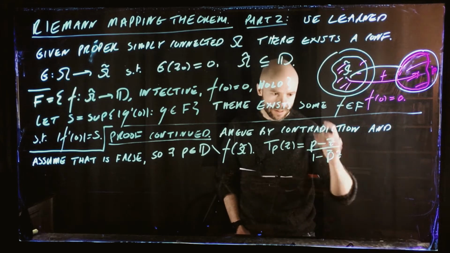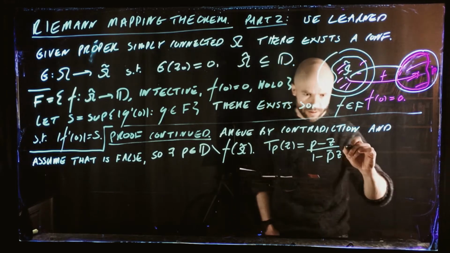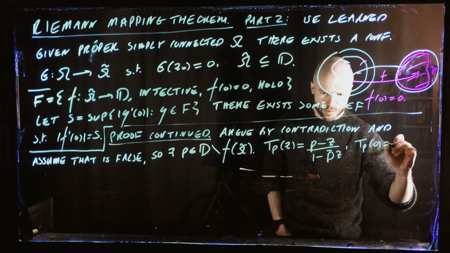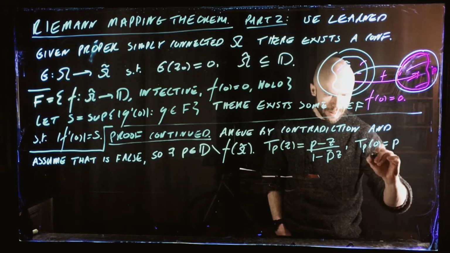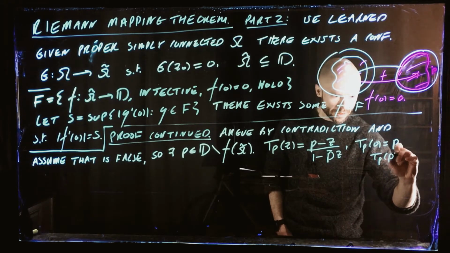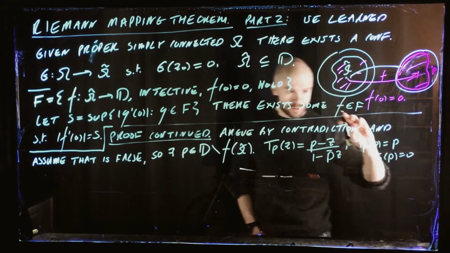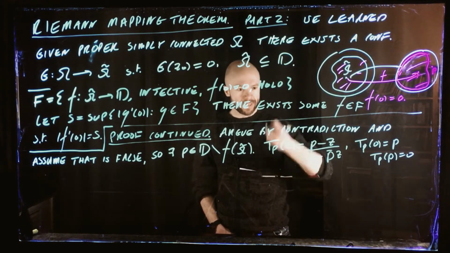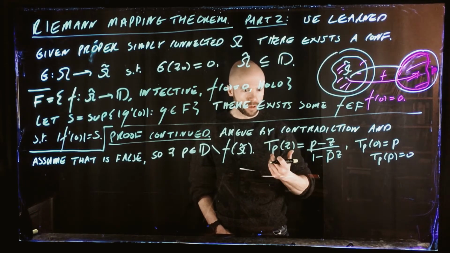Right? So these are diffeomorphisms of the disk. We showed this. We know that T_p of 0 is equal to p, and T_p of p is equal to 0. So these guys just essentially swap 0 and p. Okay? They're automorphisms of the disk where the role of 0 and p is swapped.